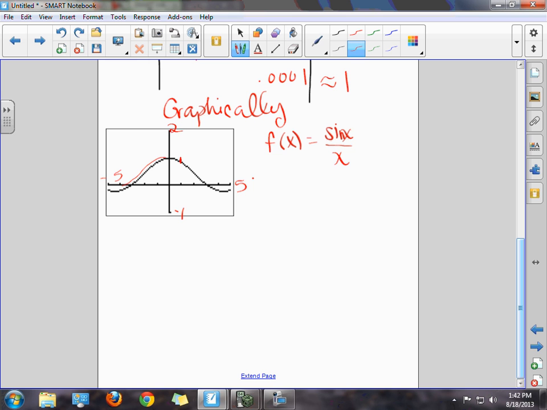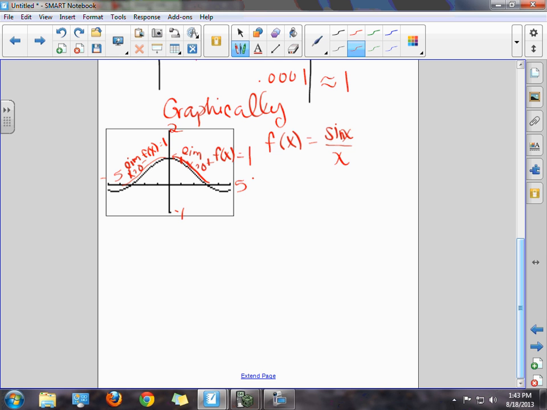If this is 2, obviously that's going to be 1. So I can see that the limit as x approaches 0 from the left of f of x is 1. And I can also see on the right, as I'm approaching this way, that the limit as x approaches 0 from the right is also 1. And so I could say from the graph that the limit is approximately 1.